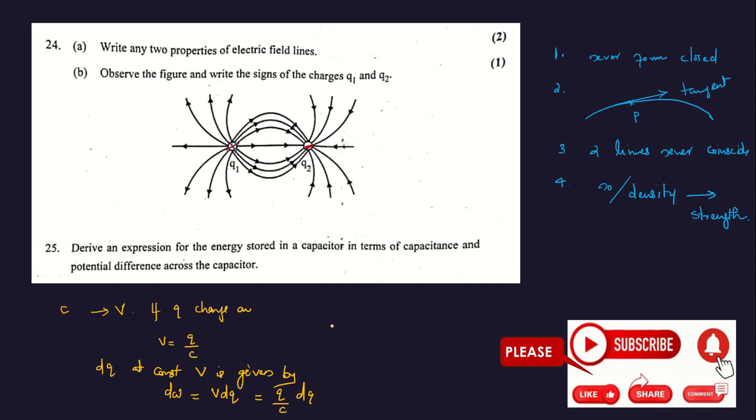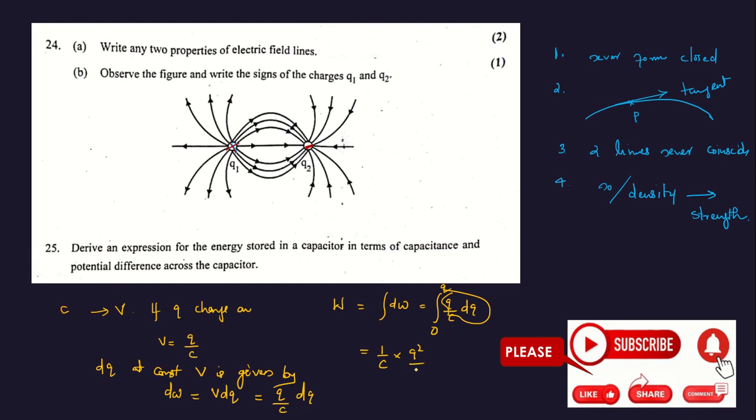Simply we can say, to find the total work done we have to integrate. That is equal to the integral of Q by C into dq from the limit 0 to Q. So that is equal to 1 by C into the integral of Q dq.